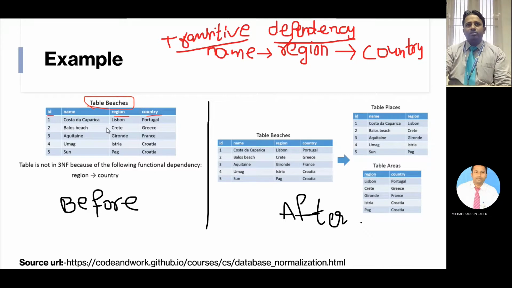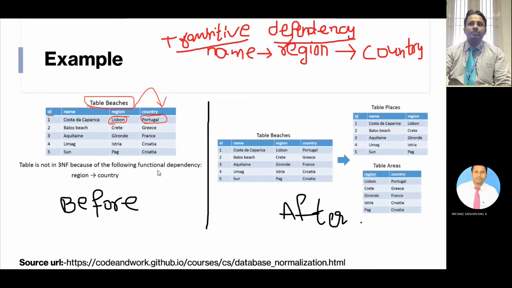When you look for dependencies here, there is a dependency between region and country, meaning this particular region is present in this country. Region is a non-key attribute and country is also a non-key attribute, so there is a dependency. Definitely there will be a transitive dependency over here.